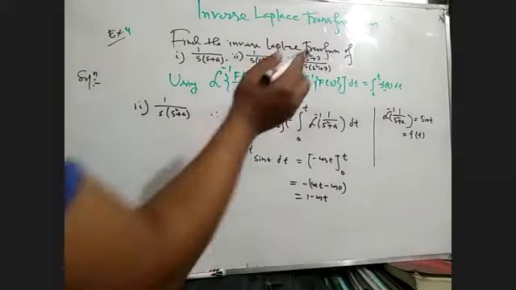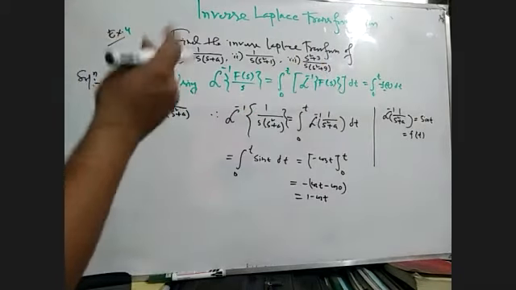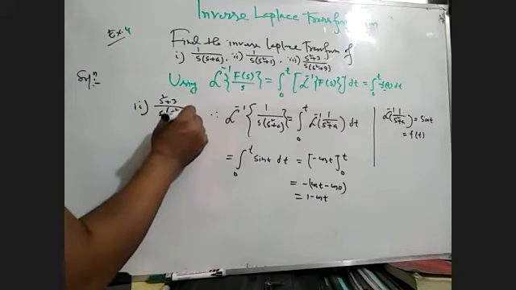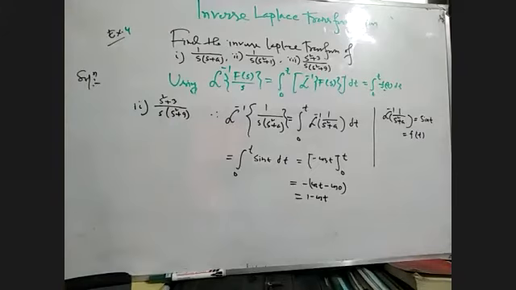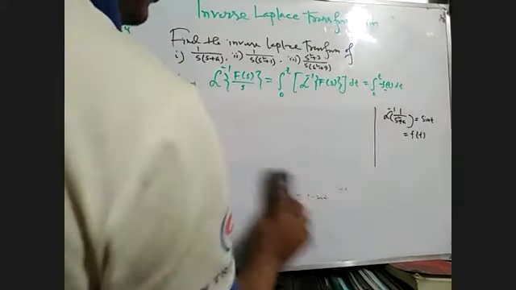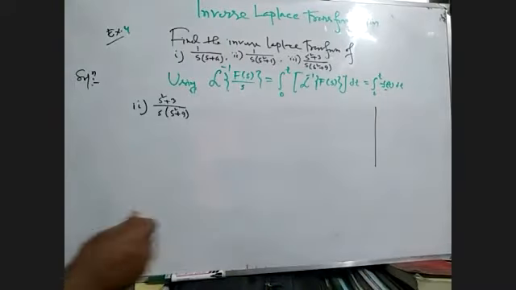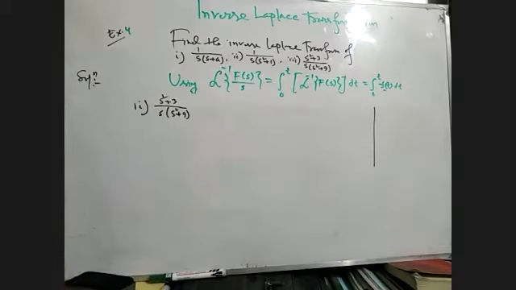Now the third one: s square plus 3 divided by s into s square plus 9. So how do we find the inverse Laplace transformation now? Using the 1 by s property, multiplying by 1 by s, or the divided by s property.